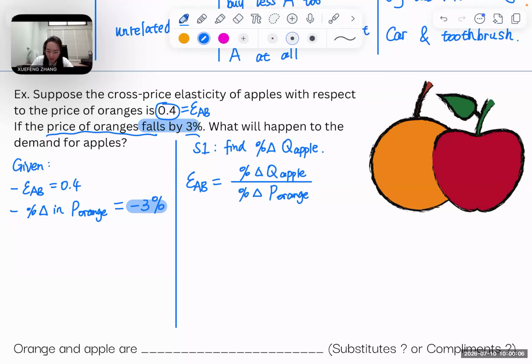Right, so we plug in numbers. 0.4 equals percentage change in quantity, but it's quantity for apple, okay? I'm no longer writing apple here, just be careful. Divided by negative 3%.